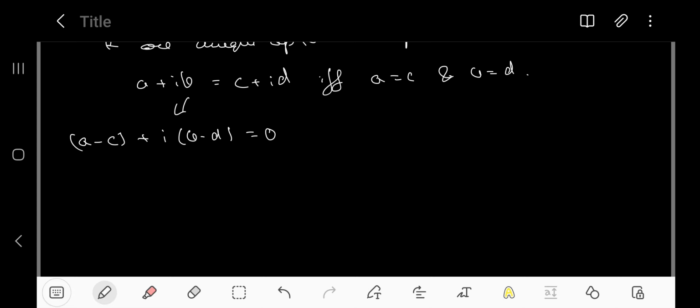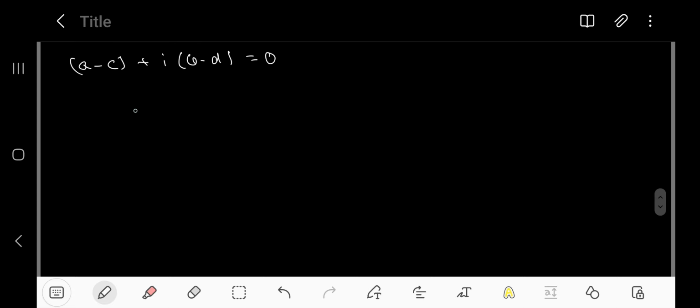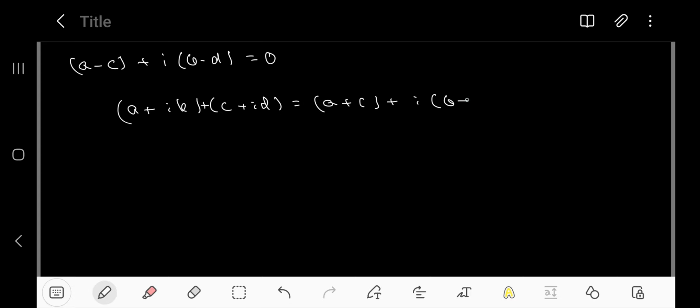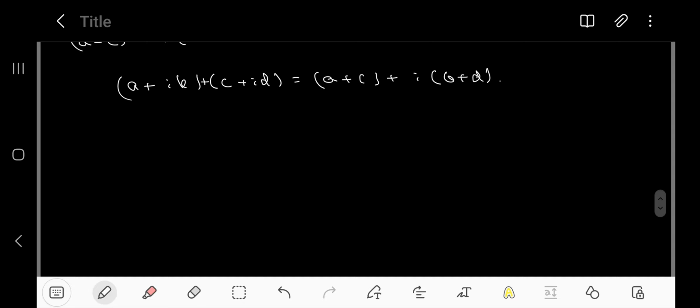We have just seen that when we constructed C, right? So what I mean to say is that (a plus ib) plus (c plus id) is nothing but the addition of the reals, which is (a plus c) plus i times (b plus d). Moreover, the multiplication is a bit different, but it happens eventually by usual multiplication in R. How does this happen? Let's see.